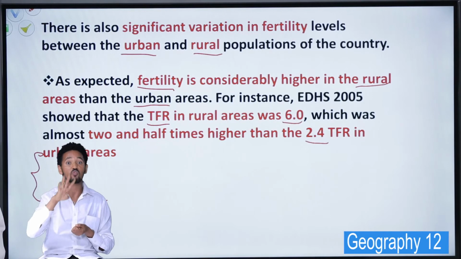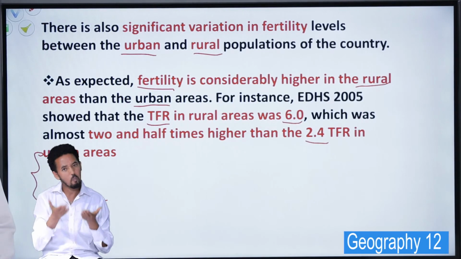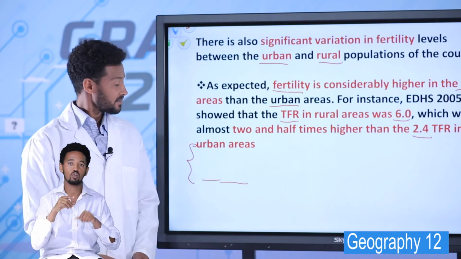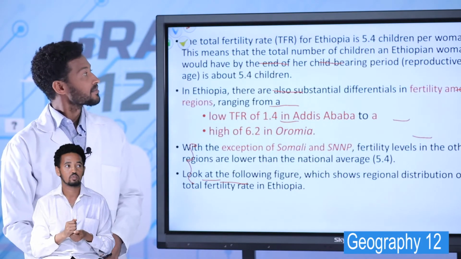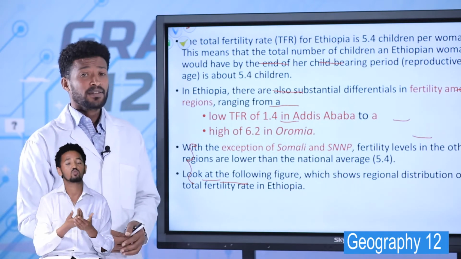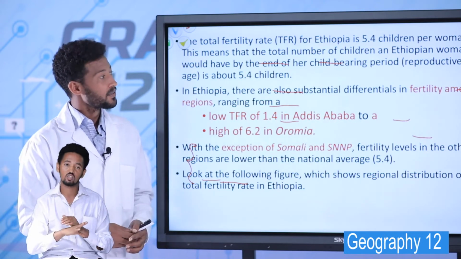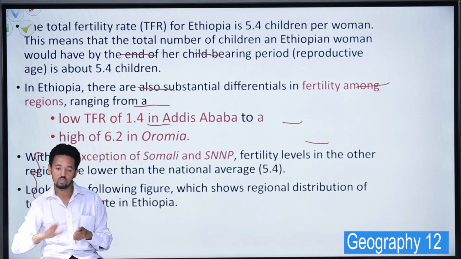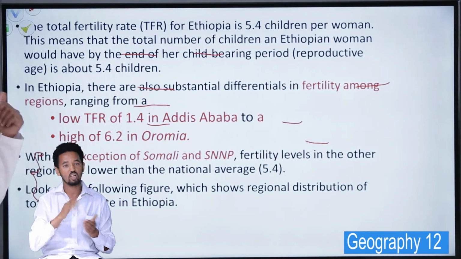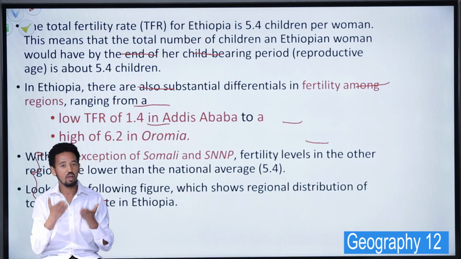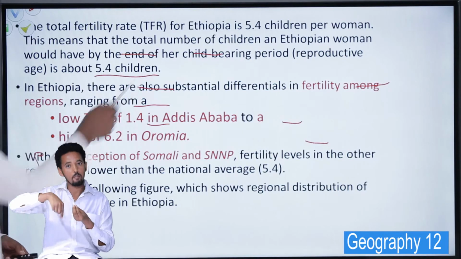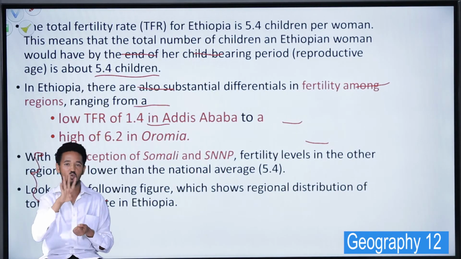That means urban women may have almost 2 or 3 children during their lifetime. Students, the total fertility rate for Ethiopia in general is 5.4 children per woman. This means that the total number of children an Ethiopian woman would have by the end of her childbearing period, or reproductive age, is about 5.4 children, or 5 or 6 children.